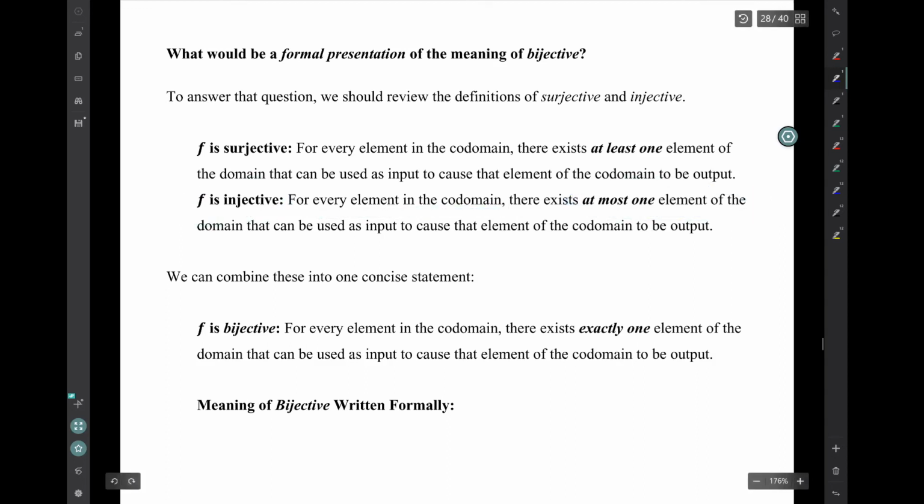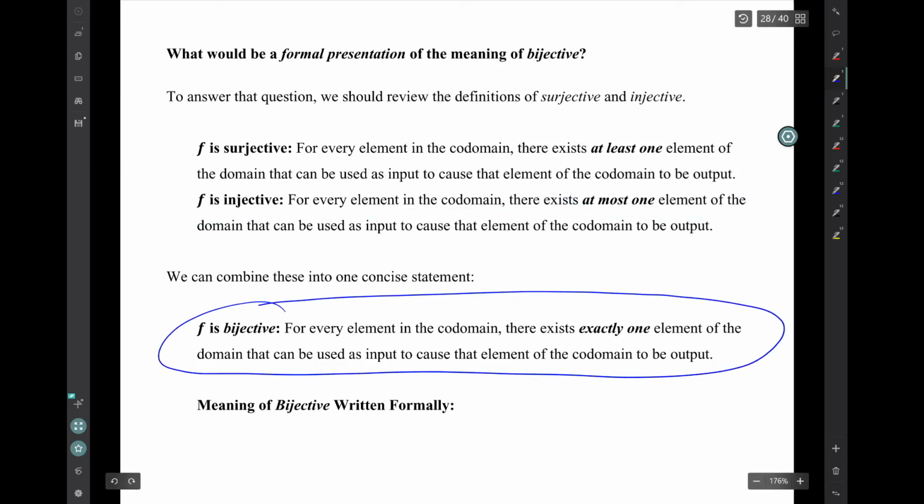So if we combine those two, we get this. To say that a function f is bijective means this. For every element in the codomain, there's exactly one element of the domain that can be used as input to cause the element of the codomain to be output. Now, how would that be written formally, that is in symbols? Well, it's actually very interesting.